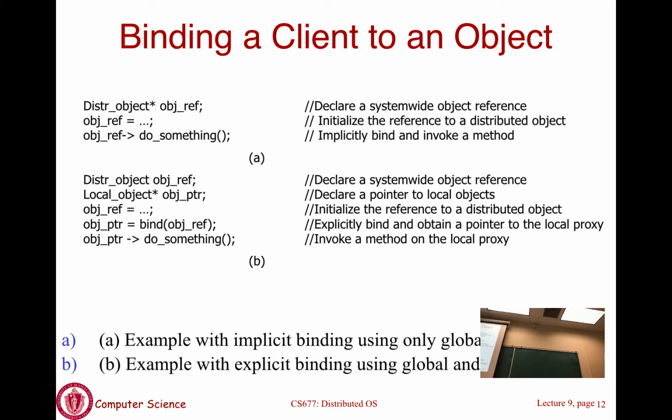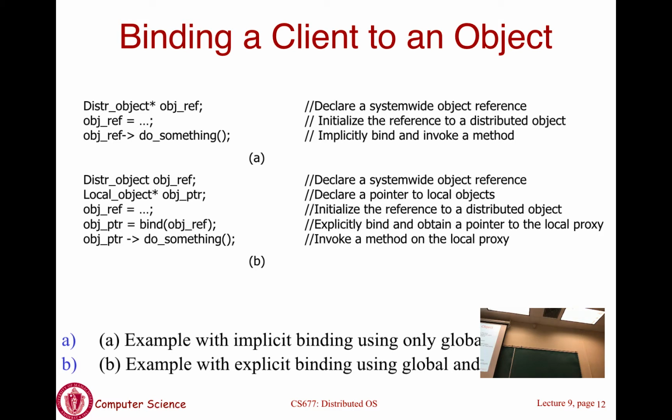In some languages, we'll do implicit binding, which means the first time you make a method invocation on that object, the runtime will go try to locate that object. If you do explicit binding, you actually have to have a call which says bind, that is going to ask the runtime to go find out where that object resides and figure out its IP address and so on. In implicit binding, that happens on the first call.